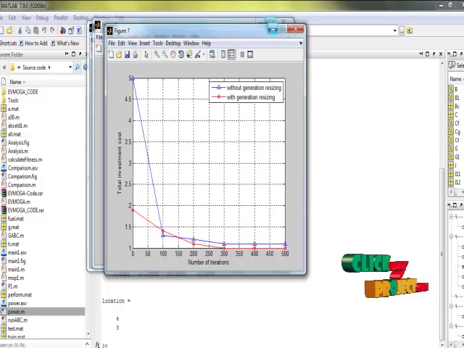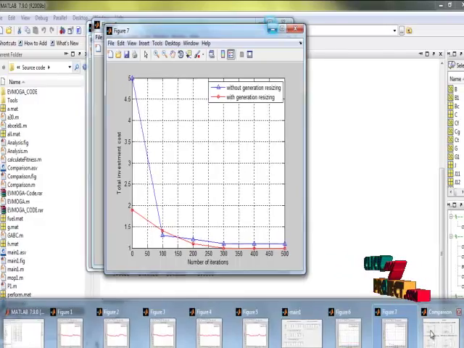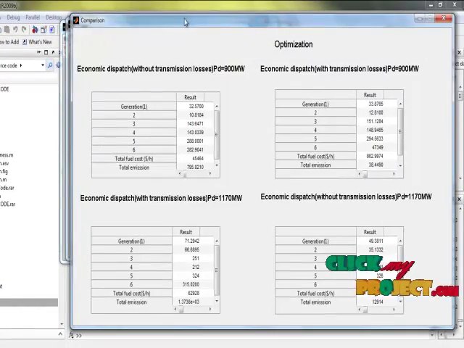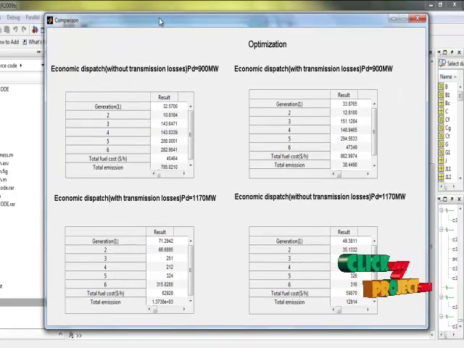Then finally the optimization chart. See, in this optimization we are calculating economic dispatch with the distributed power for without transmission loss and with transmission loss with different distributed power.